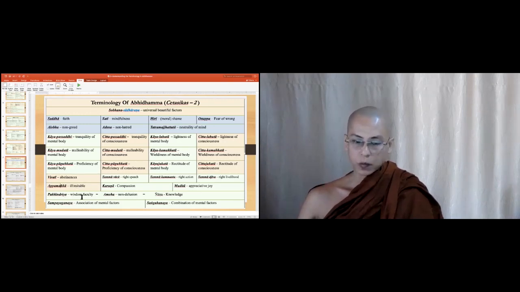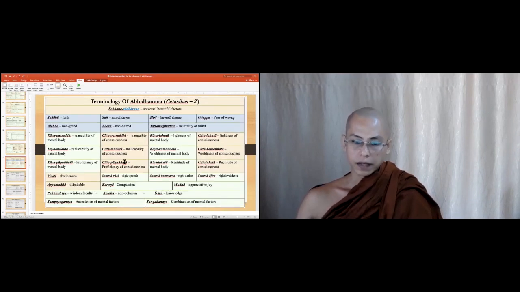Then Panyendriya, the wisdom faculty. Another term used for wisdom is amoha, non-delusion. There will not be a specific category for amoha among the 52 Cetasika, so you will see only Panyendriya, wisdom. Non-delusion and wisdom faculty are the same.